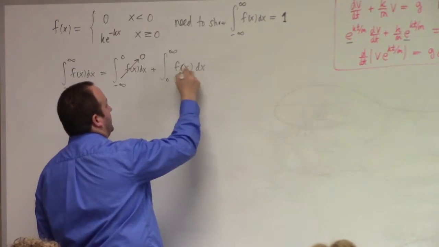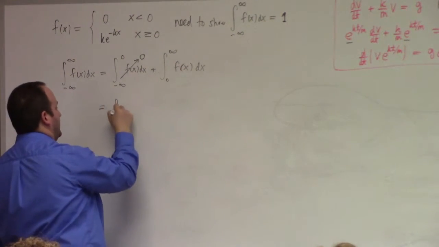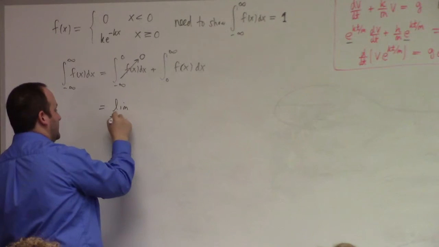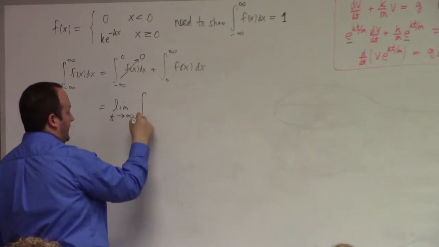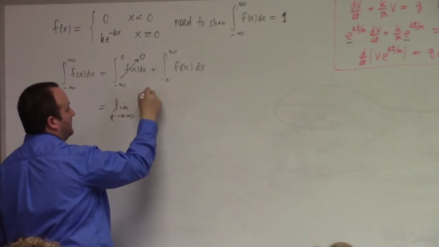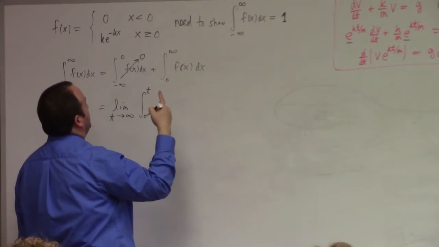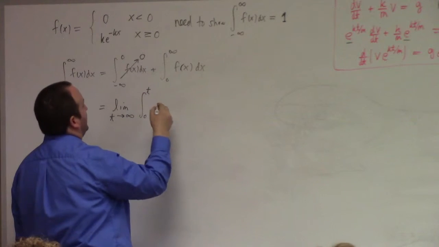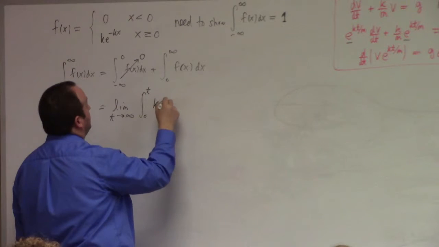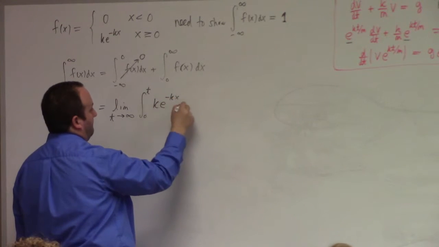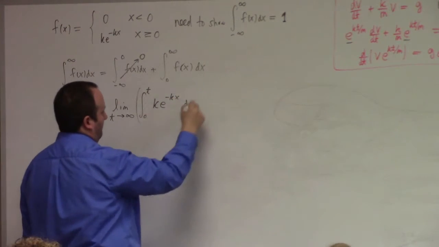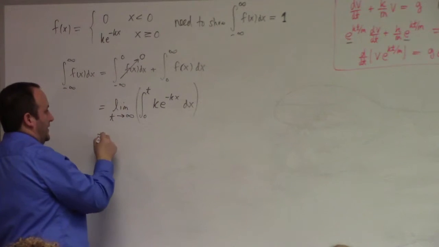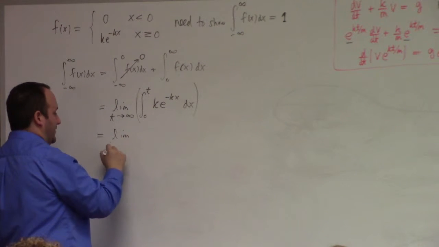Okay, so this is really the limit as t goes to infinity of the integral from 0 to t of f of x. For x non-negative, it's k e to the minus kx, right? And we can integrate that.